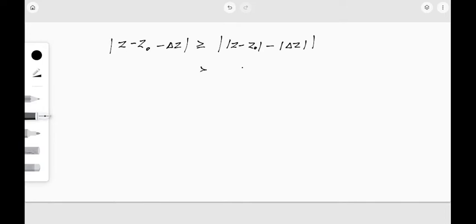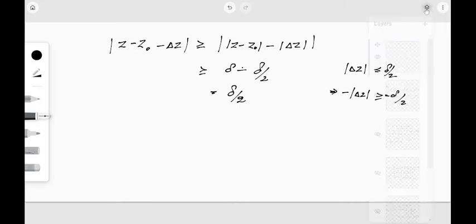So this will be greater than or equal to delta minus delta by 2. So this is equal to delta by 2, because we had seen that this is greater than or equal to delta, and modulus of delta z was supposed to be less than delta by 2. So this implies when I put the negative sign on both the sides, so this will be greater than minus delta by 2. Okay, so from this we get this is the equation.